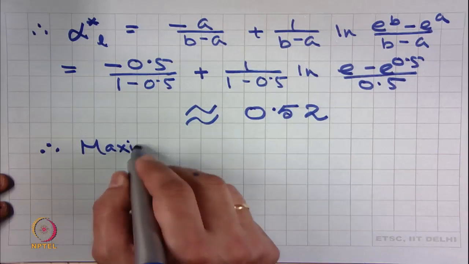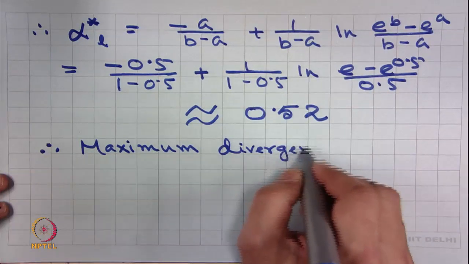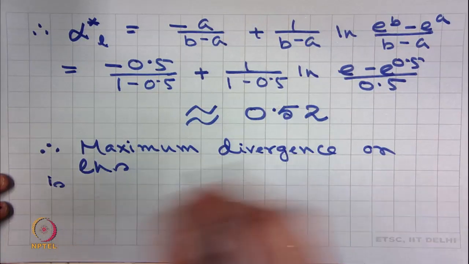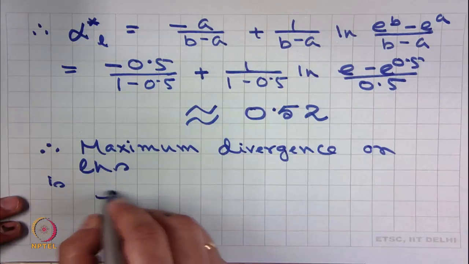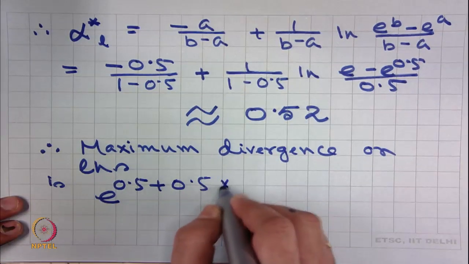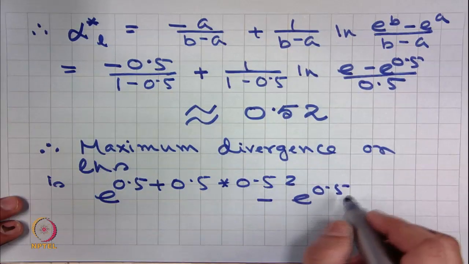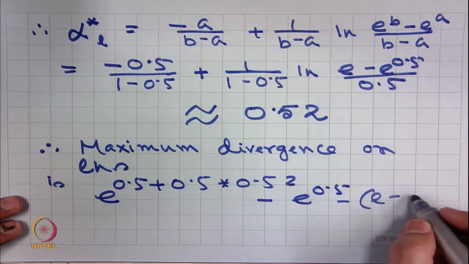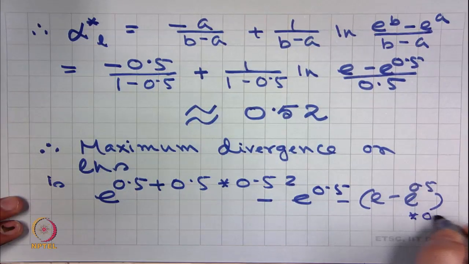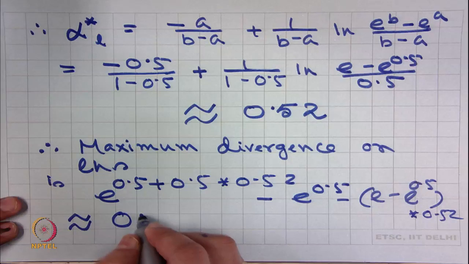maximum divergence on LHS is, by putting this value, e to the power 0.5 plus 0.5 into 0.52 minus e to the power 0.5 minus e minus e to the power 0.5 into 0.52, and this is coming out to be 0.67.